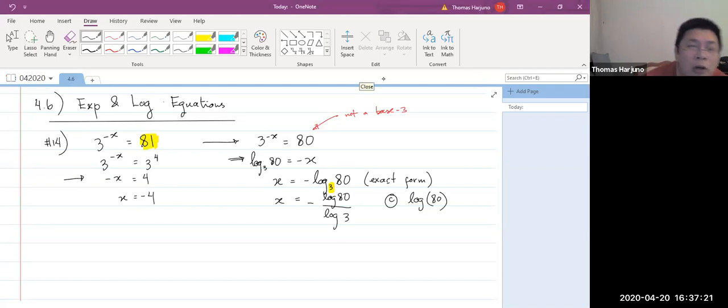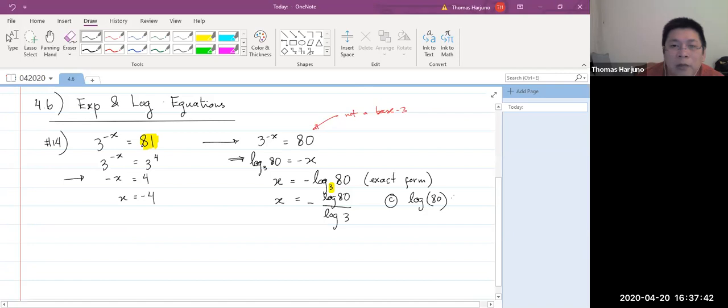I usually ask that you give the exact form first, and then use calculator. Now when you use calculator, go ahead with whatever base you have. Log 80 and then divide it by log 3, with, of course, the negative sign in front of that.